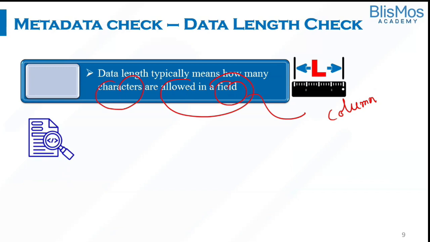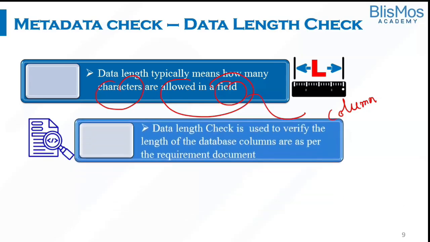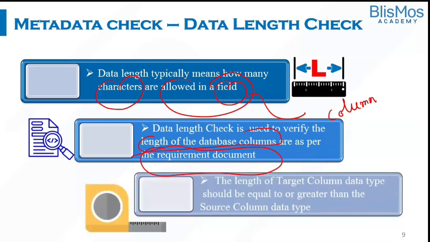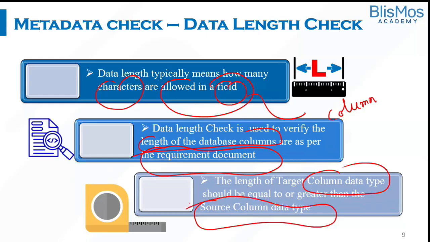Like that, the data length is also specified as a part of the mapping document. As a part of the data length check, we will verify that the length of the database columns is as per the requirement document. And also, the length of the target column data type should be equal to or greater than the source column data type, which is usually specified as a part of the mapping document.